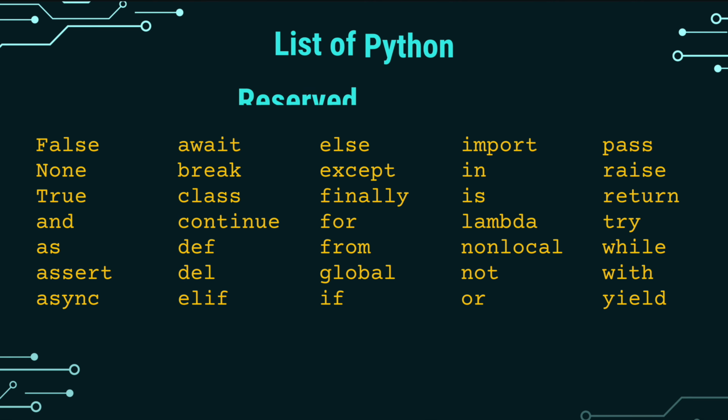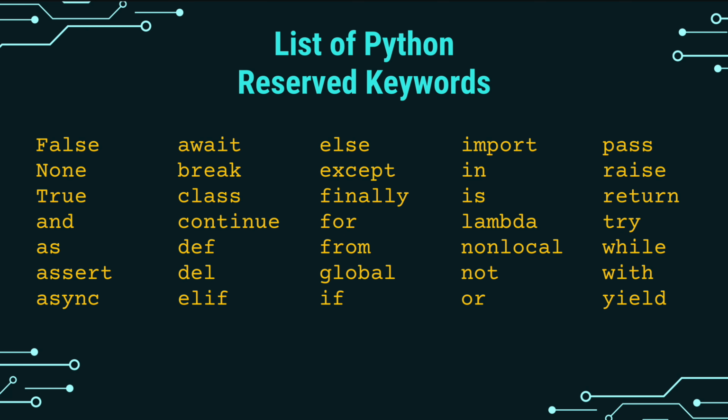Here is a list of Python's reserved words. You don't need to memorize all of them at once, as you'll become familiar with them through practice. The list includes common words like False, True, if, else, for, while, def, class, and return. Your code editor will usually highlight these words, which is a good hint not to use them as variable names.